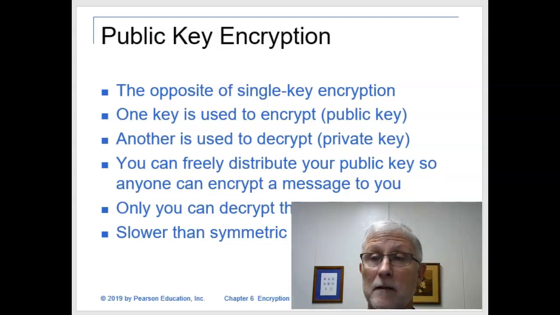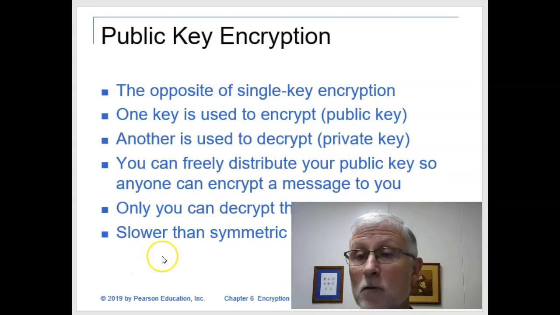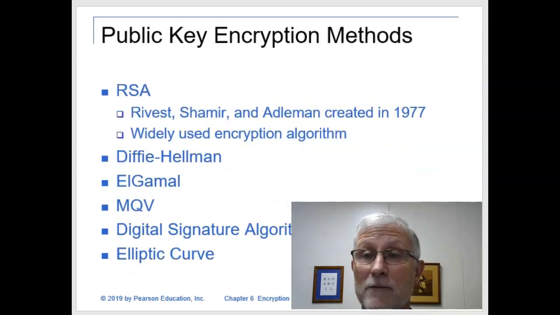You can freely send out the public key any way you want. Send it in an email, send it in a text message. You don't care. But you want to make sure that you find a way to get that private key to the individual. So just keep that in mind. Now, granted, it's a little bit slower than some of the symmetric ciphers.